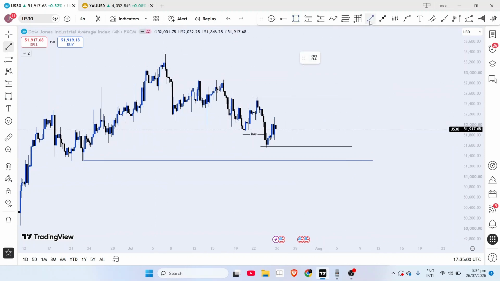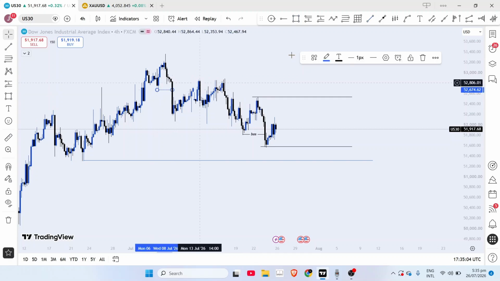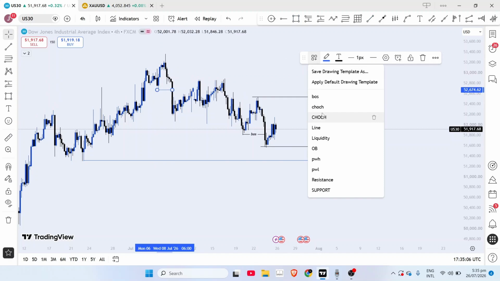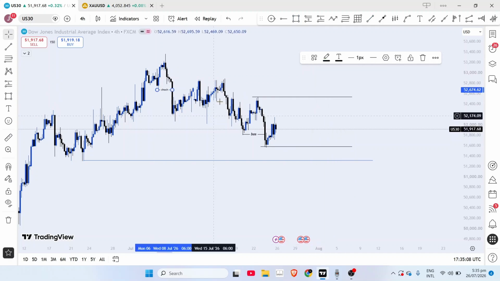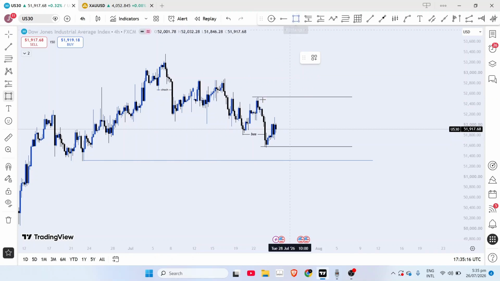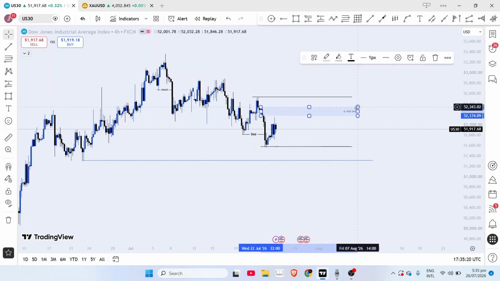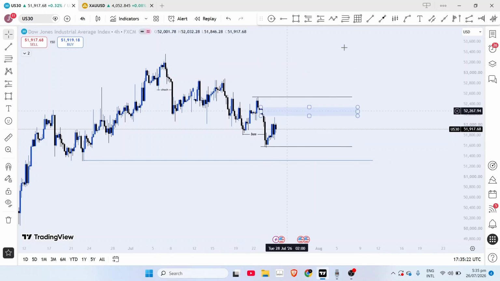We have this change of character right here. And price came back, reacted, broke structure, came back, retraced, broke structure again. So I'm thinking price would come maybe somewhere here. Then this temporary high, I think it will be taken.